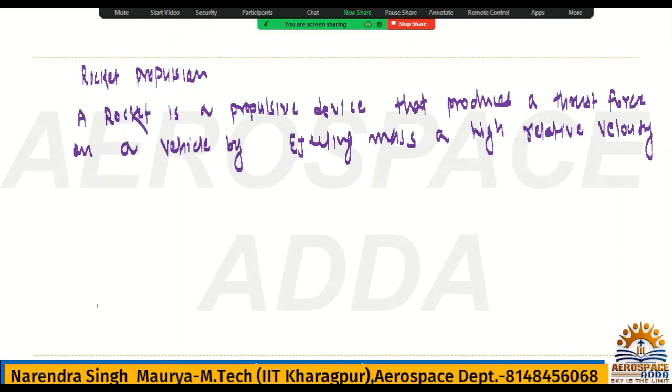What is another major difference? An air breathing engine, as I told you, uses atmospheric air for combustion, because it is air breathing and obviously it is flying in the atmosphere, so air is available. But what about the rocket engine? The rocket engine carries its own oxidizer and fuel, because in space there is no air. So a rocket engine always carries both oxidizer and fuel.